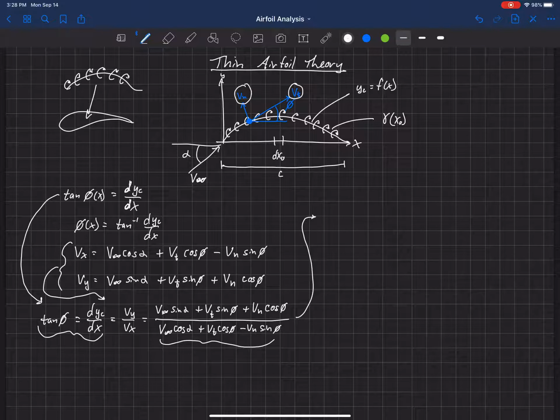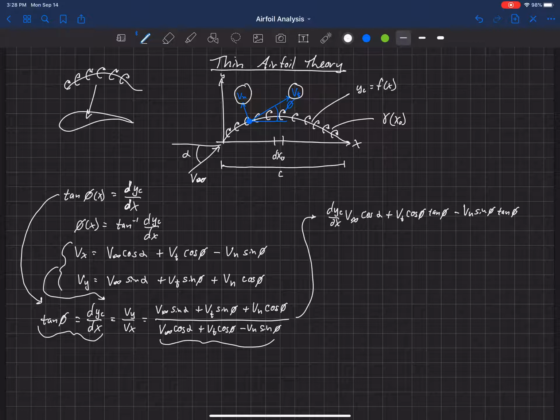So the first one, I'm going to choose dyc/dx times V infinity cosine alpha, plus, now we've got a Vt times cosine of phi on the bottom that I'm moving over to the left-hand side, and this one I'm going to multiply by tangent of phi. And then the third term is minus Vn sine of phi, and I'm going to also multiply that by the tangent of phi.